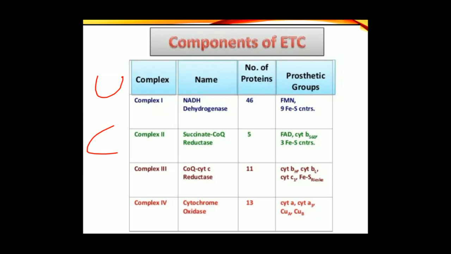You can see in the complexes there are a number of proteins and prosthetic groups that make it a complex, and mainly the prosthetic groups include FMN, Fe-S centers, cytochrome b, c1, c, a, and a3. These are the basic concepts here, guys. So now let's move on.